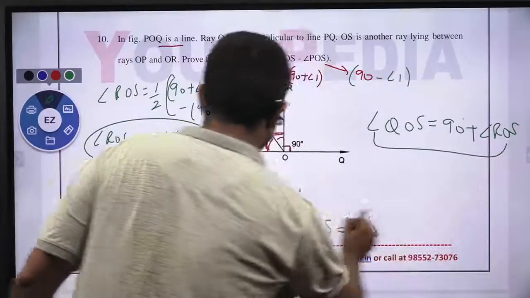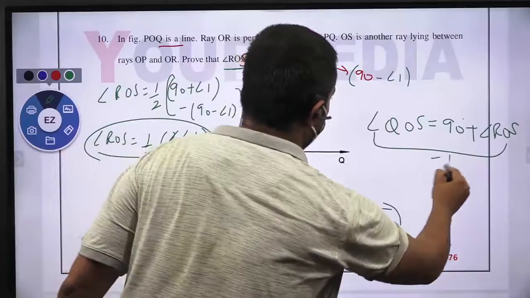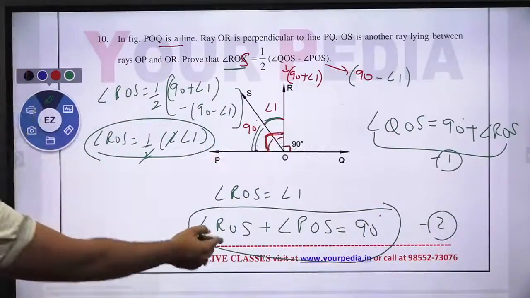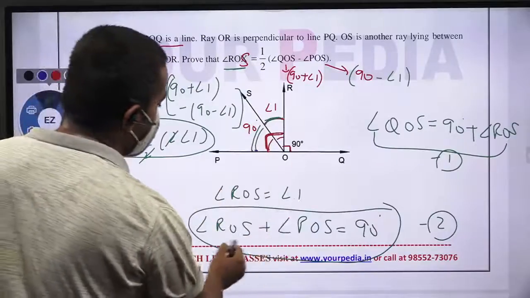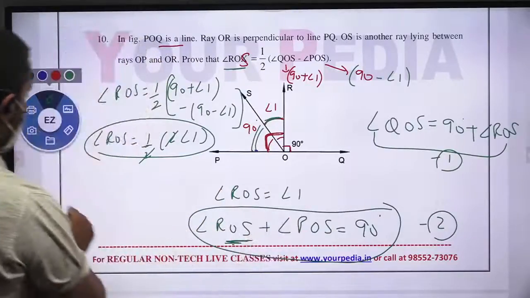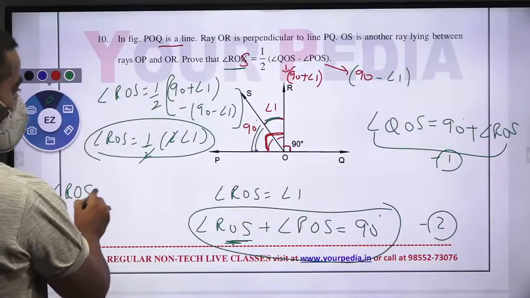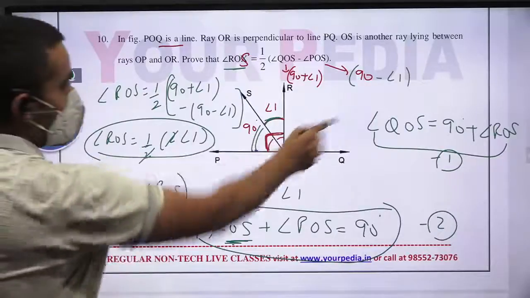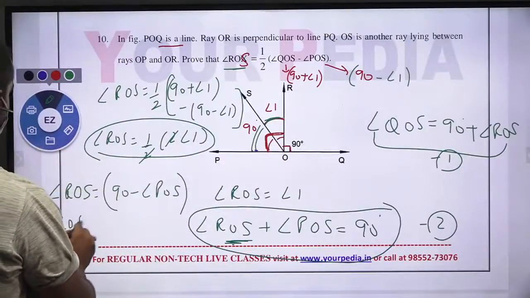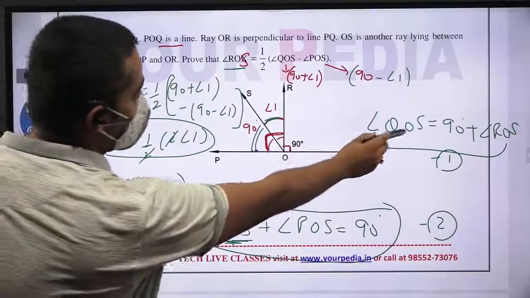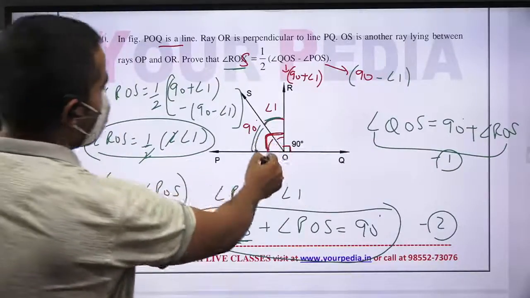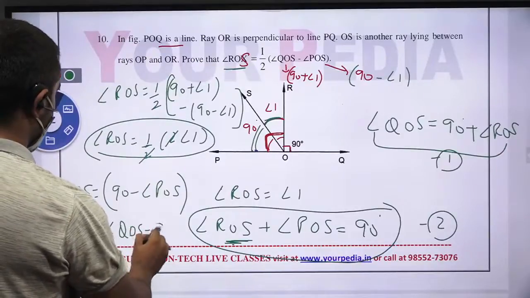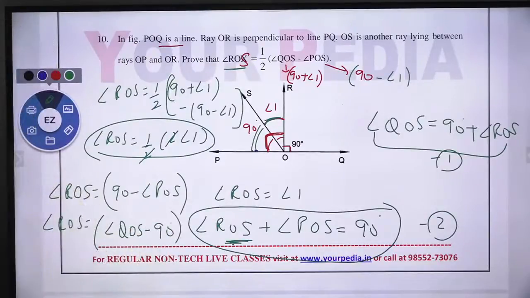So this we need to prove. We have two equations, 1 and 2. Now we need to find the value of ROS. So let's take ROS. ROS is 90 minus POS, and angle ROS is also equal to angle QOS minus 90. Yes or no, students?